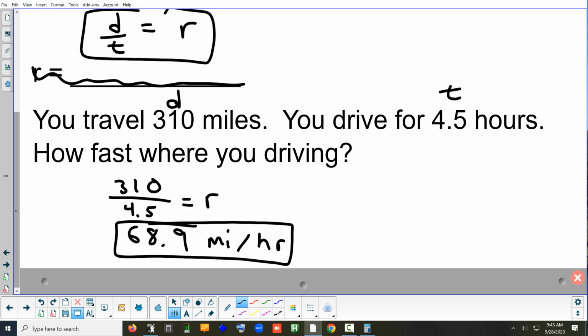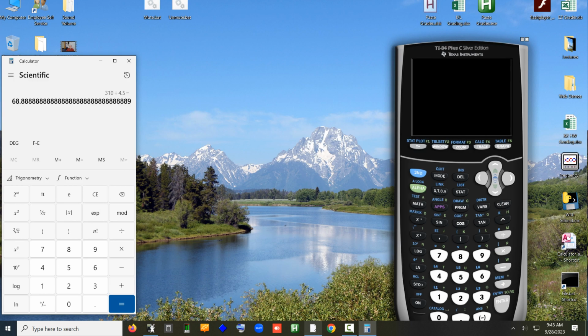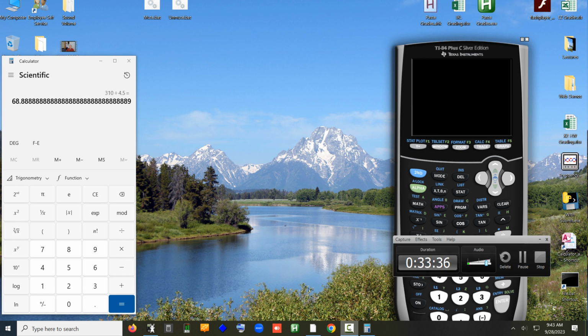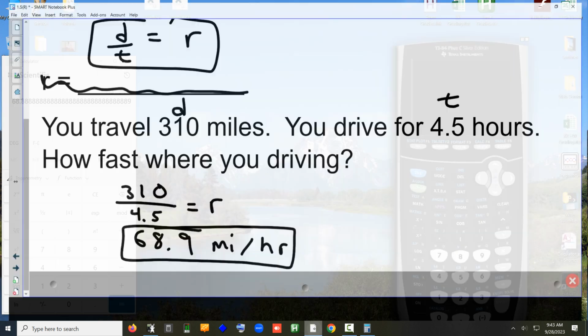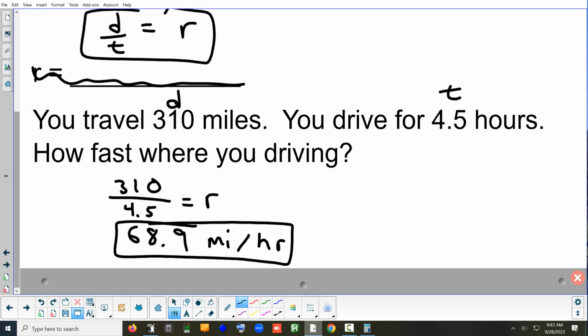Wait, I think it's 68. But you should probably round that because normally we just used our calculator. You should round it because normally, like on the speedometer, it's not going to tell you decimals. It's probably just going to tell you the actual speed, like 65 miles per hour.